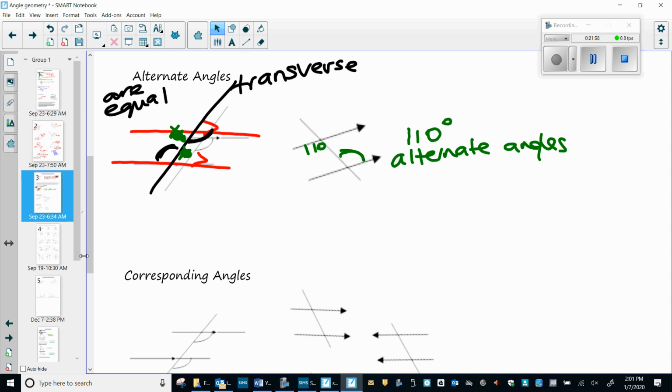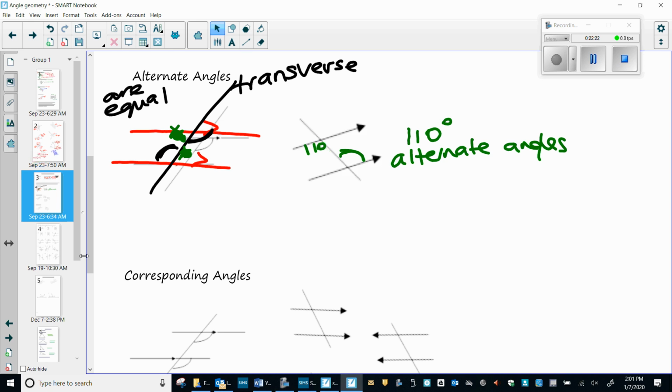I have a question. I'm still confused about why the other one wouldn't be, the vertically opposite angle from that.